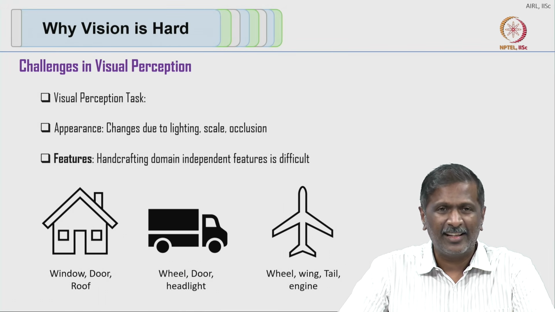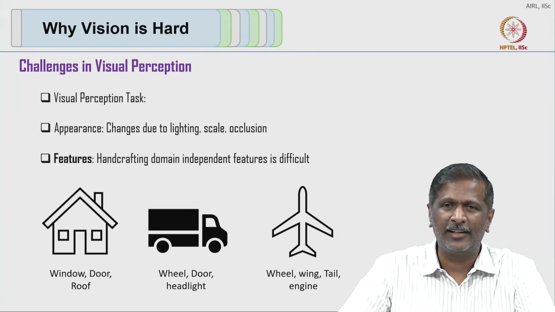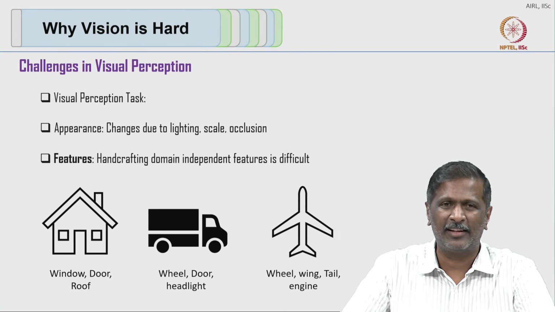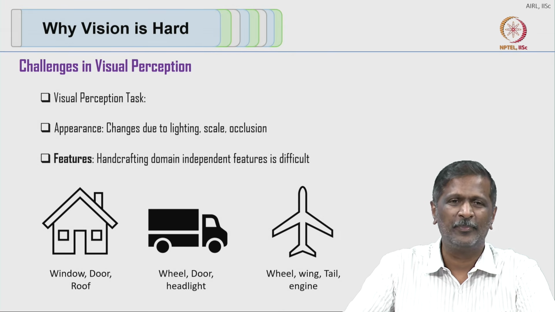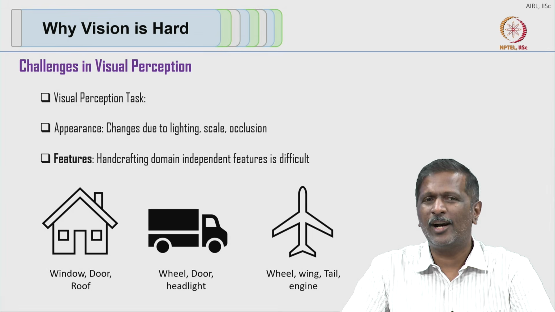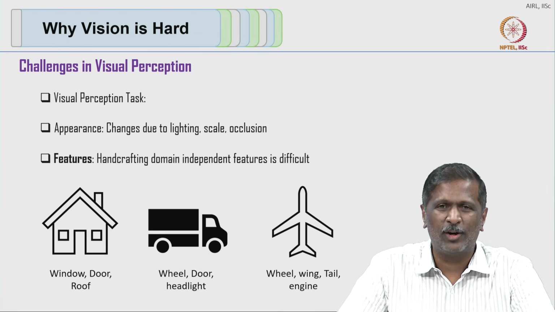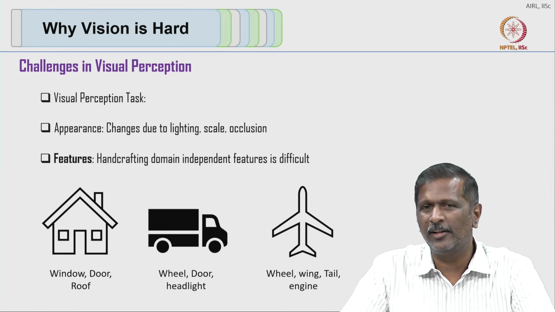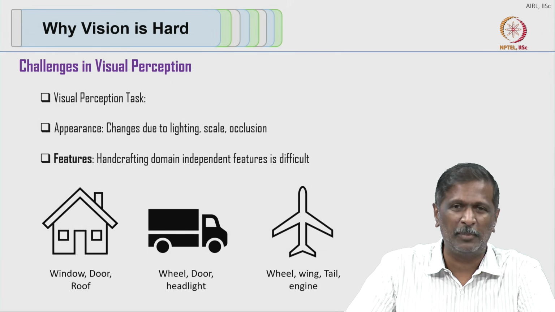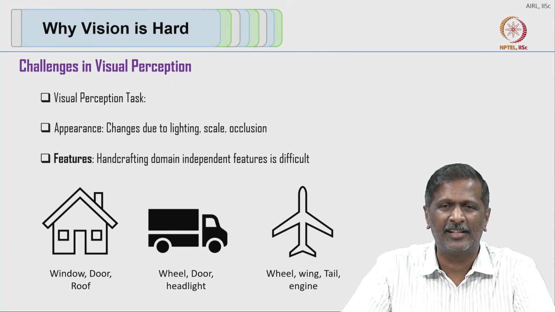In a sense, what am I looking at when I say object? That's an interesting problem. Once we have the viewpoint and everything, now it comes to the object. Let's say I want to recognize a house. The moment I say a house, what comes to your mind? House means there should be a door, a window, a roof, a chimney. Maybe if it's an independent house; if you are talking about an apartment, it has a different meaning.